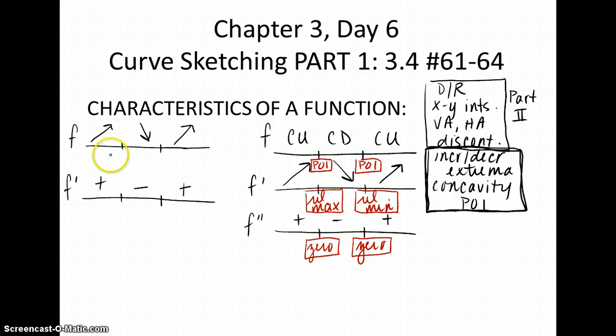So how are these points related? A relative maximum is a change in direction from increasing to decreasing. A relative minimum would occur in a change in direction from decreasing to increasing. So how do these values correspond to the graph of the derivative? Again, any change in sign is represented graphically by a zero.